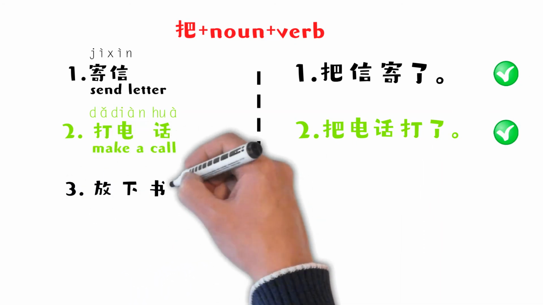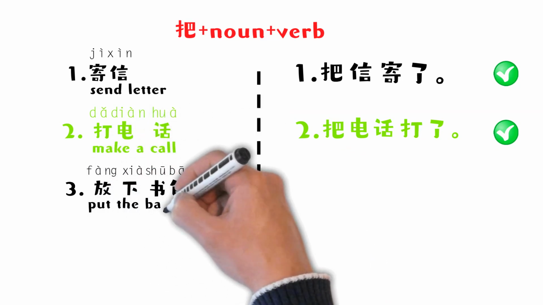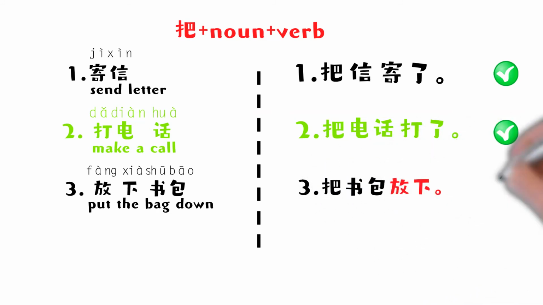Practice number 3. 放下书包. Put the bag down. I think you can do it by yourself now. It's 把书包放下. The only difference is that the verb in this sentence, 放下, is a dynamic verb already, so there's no need to add something.